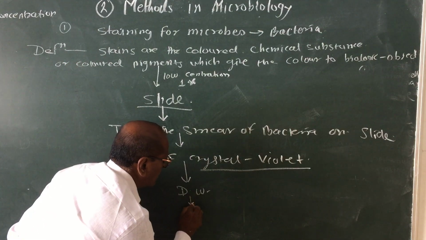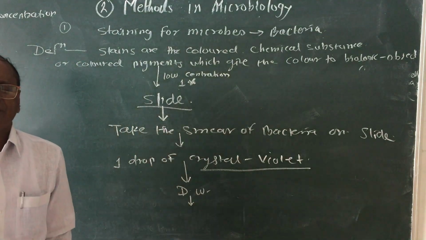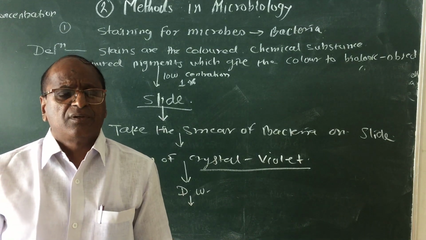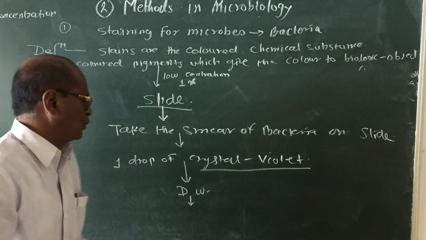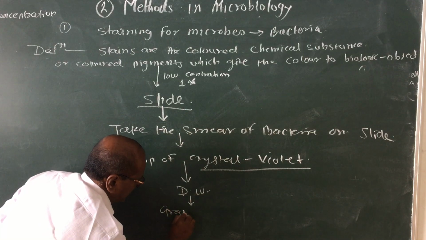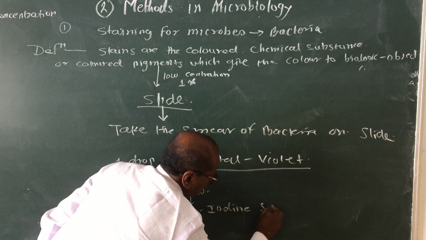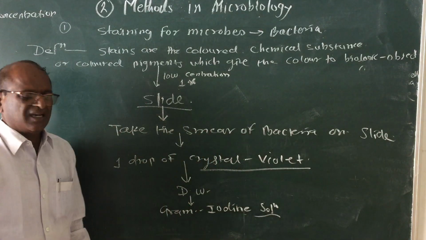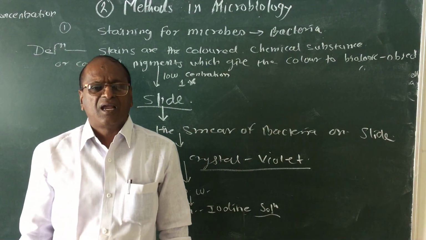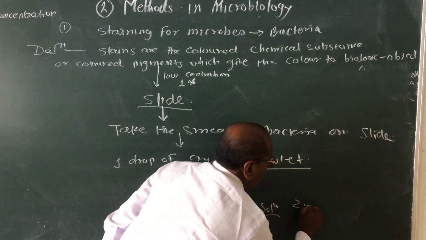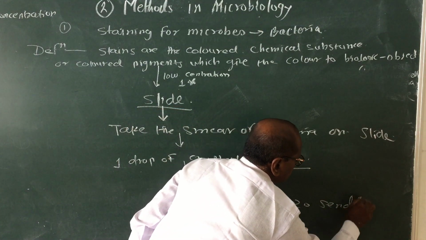After washing, you have to add one drop of Gram iodine solution, and then leave it for only 20 seconds.